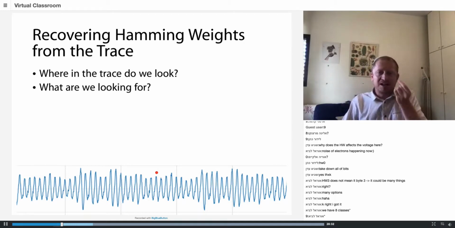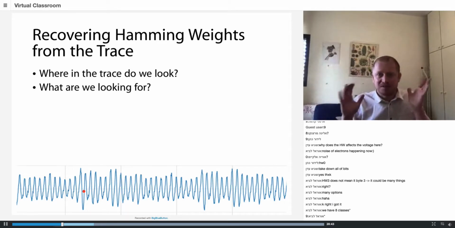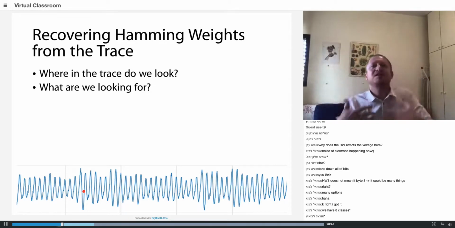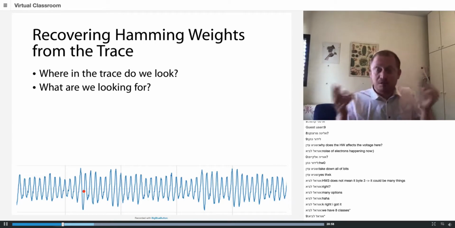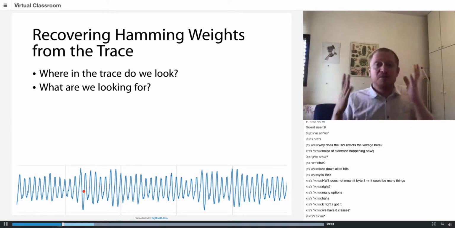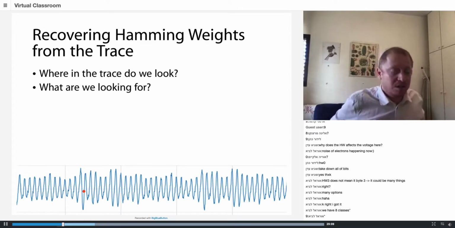We need to find the right place in the trace, which is equivalent to the right times at the beginning of encryption, and say, okay, this is where the state byte is being processed. And then we need to decode it somehow. We need to take these maybe 100 or 500 or 20 interesting points, that's how we professionals call them, and we need to output from these interesting points what is the Hamming weight being processed.